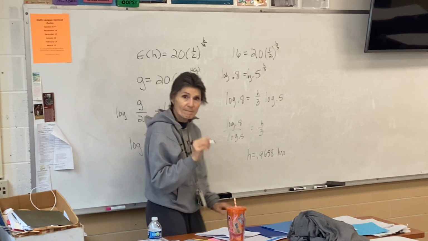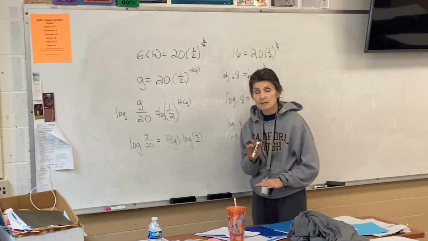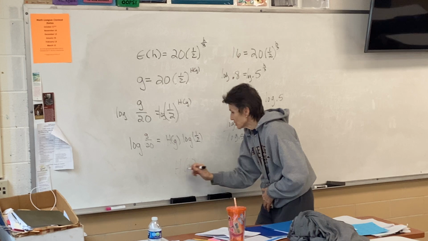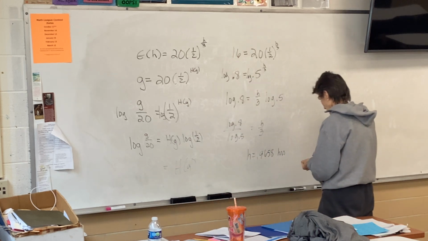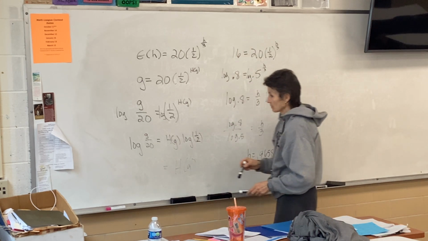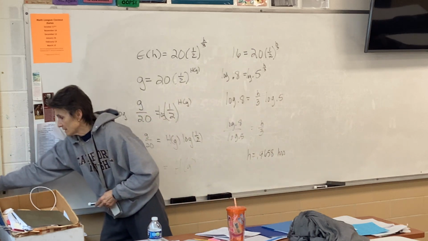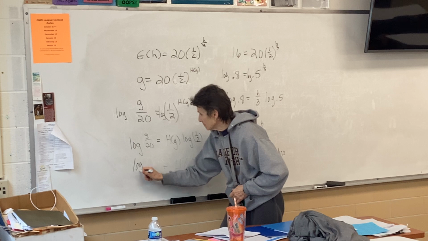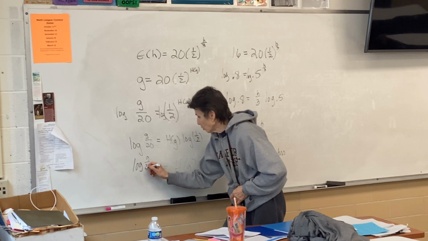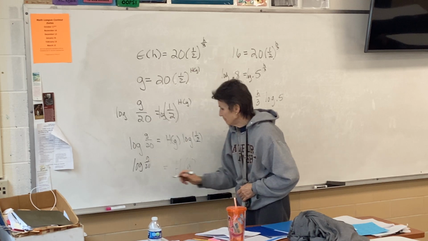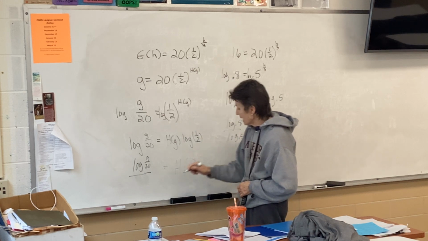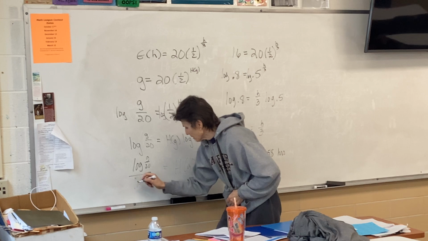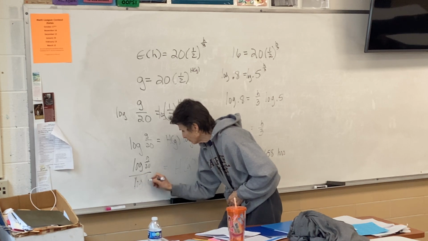Remember now, as messy and horrible as that looks, your job is to write a function H of G. So what is H of G going to look like? Well, it's going to be the log of G over 20, divided by the log of 1/2.